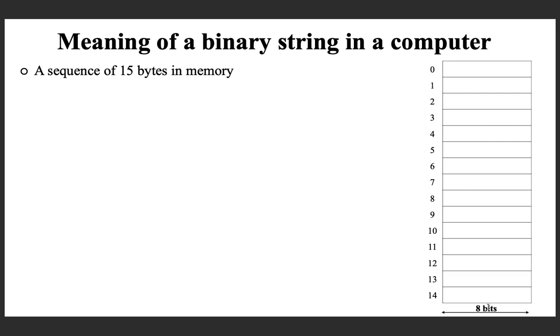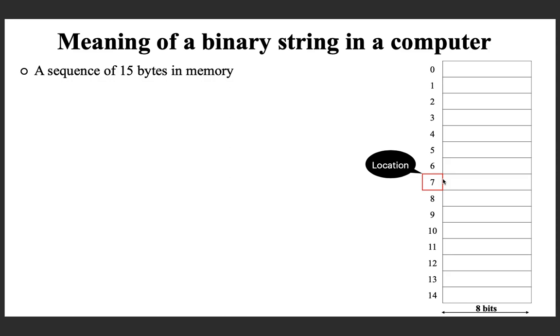And now you need a way to access or refer to a memory location, which is done using what is called a location, which is the address or a number identifying the memory location.